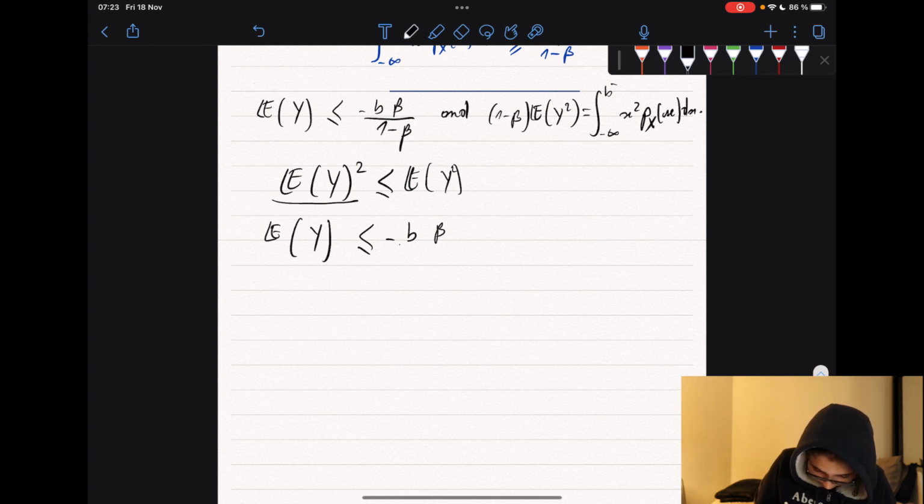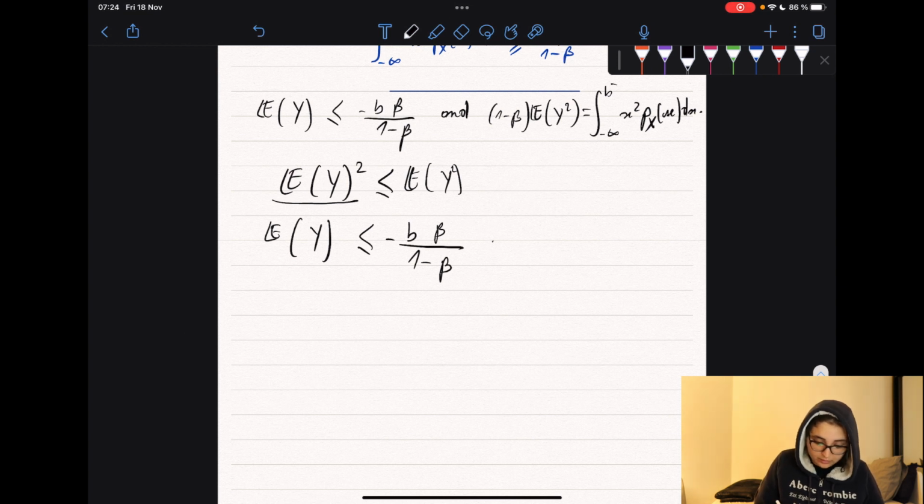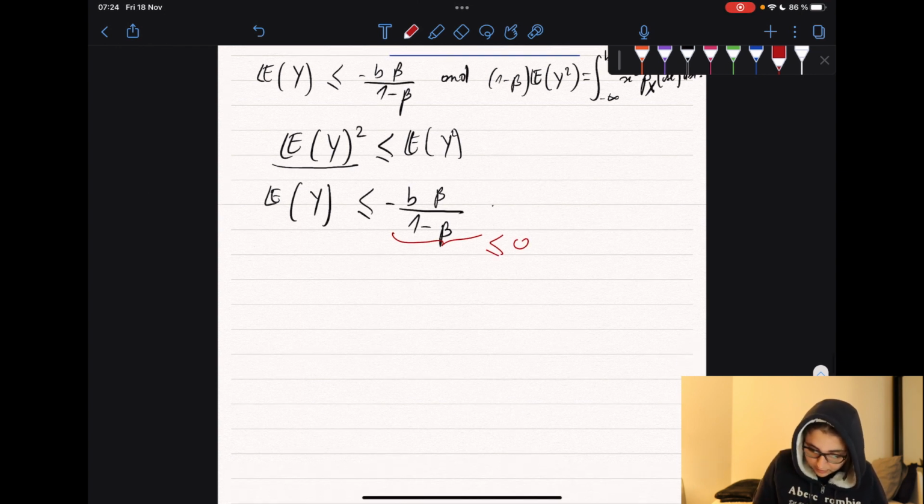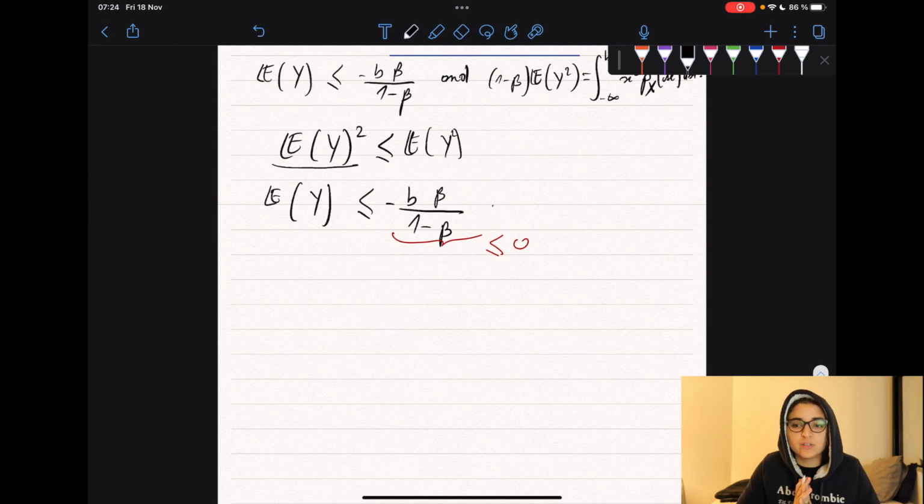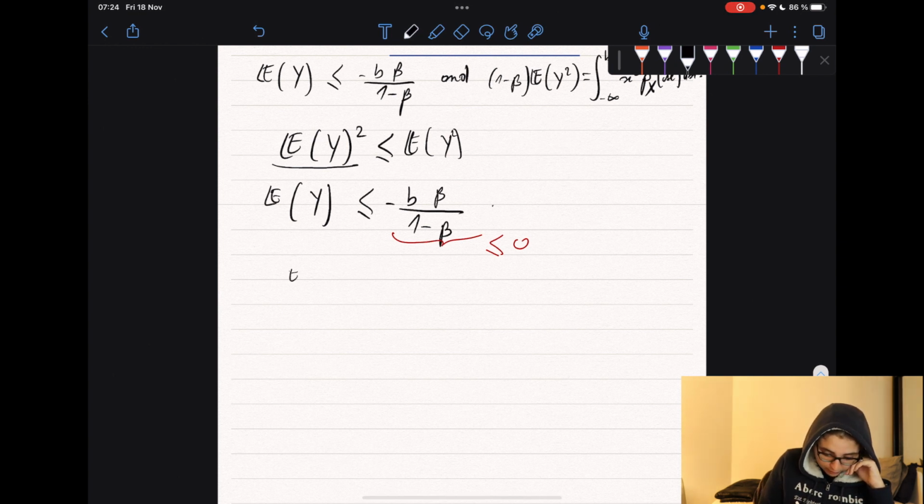So we have this inequality, and given that this whole entity is less than 0, if we square both sides, the square function is decreasing on the interval from minus infinity to 0, which means that this inequality will be reversed once we apply the square function.